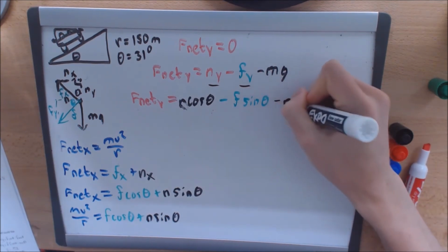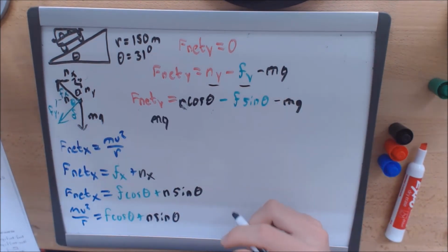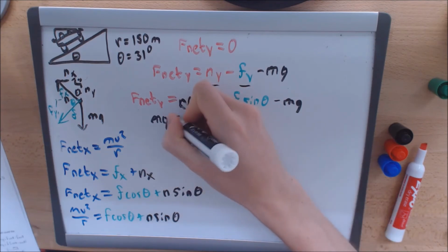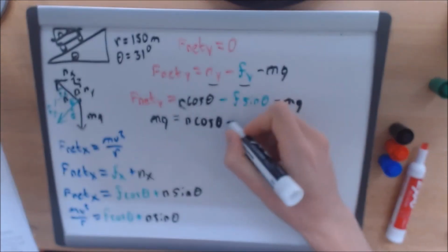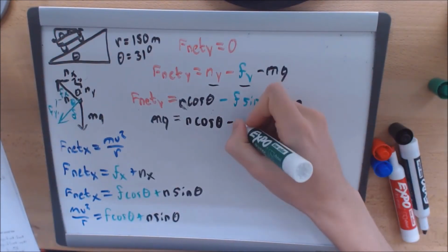So mg is going to equal N cosine theta minus F sine theta.